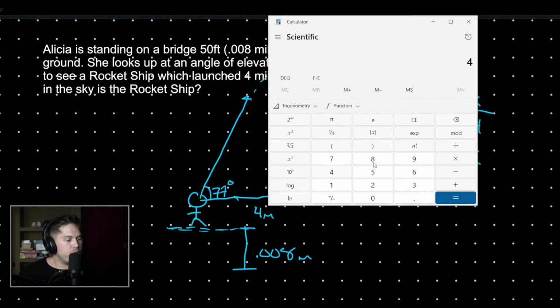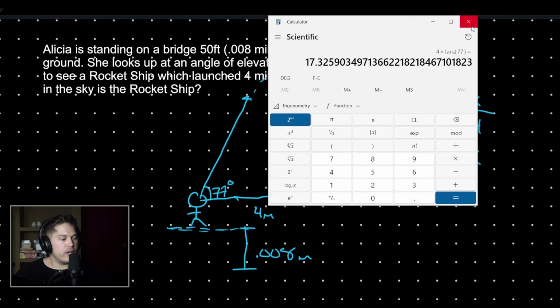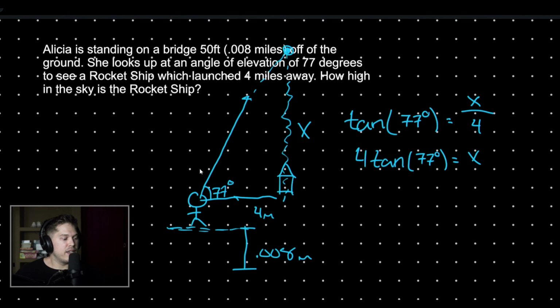And we have 4 times the tangent of 77 degrees to get 17.3 miles. So this is approximately 17.3. Now, are we done here?